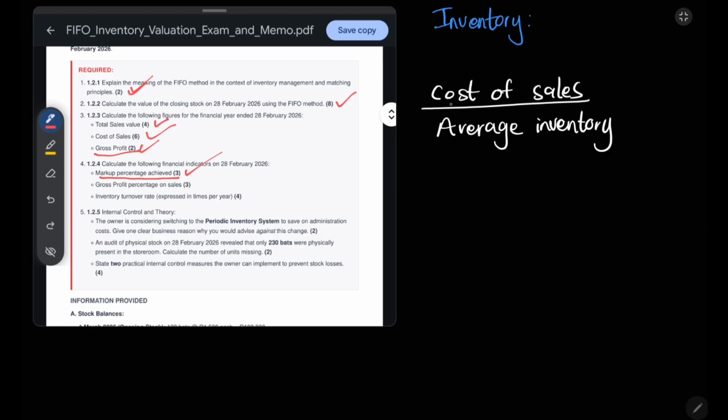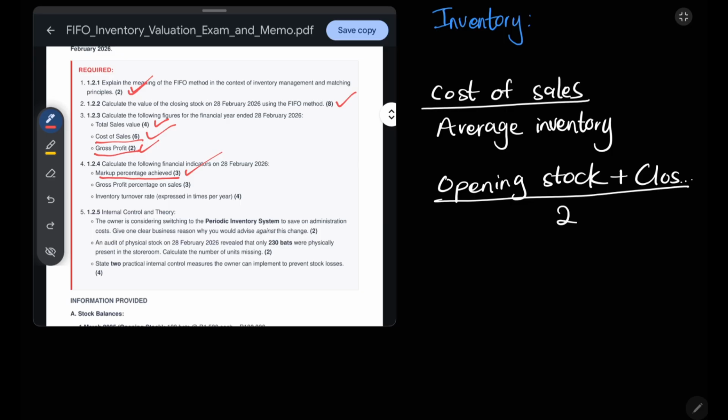So you guys know cost of sales because we calculated this in the previous questions, all right? We did this for 6 marks. So for your average inventory, because I did this in the previous video, it's opening stock or opening inventory plus closing stock or closing inventory, all over 2.